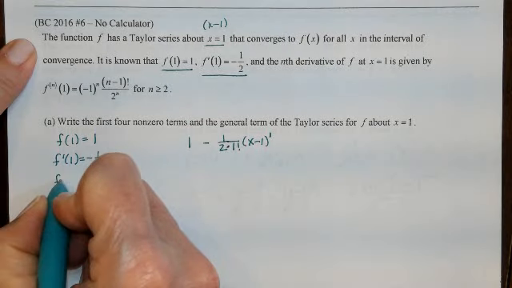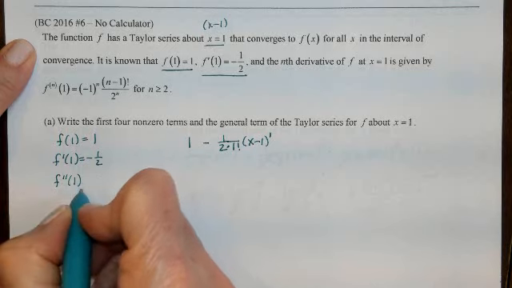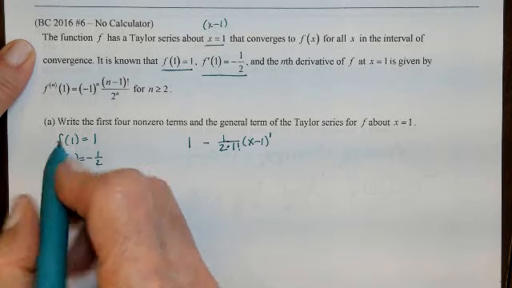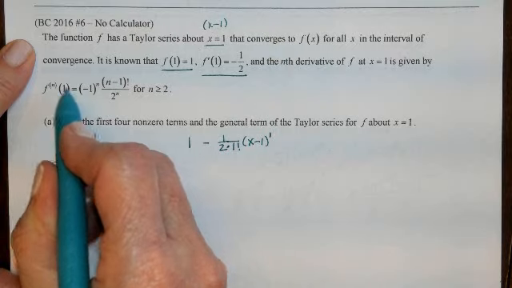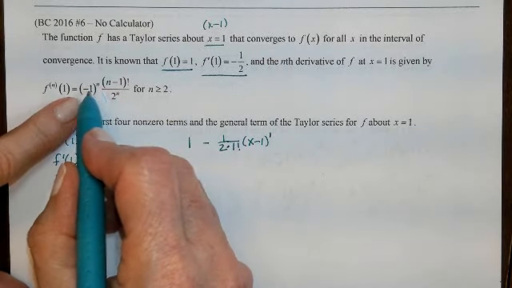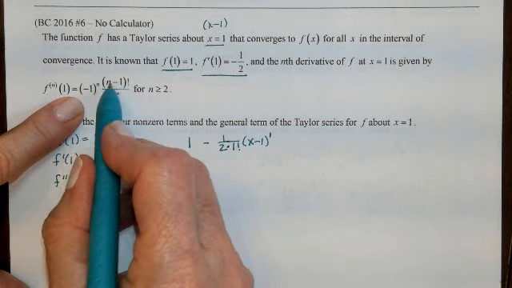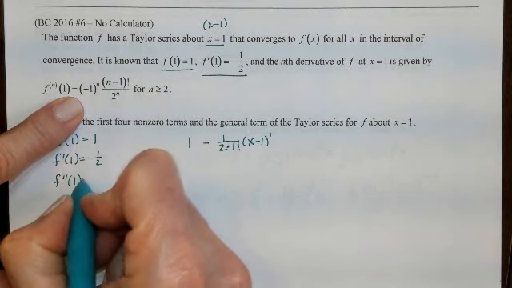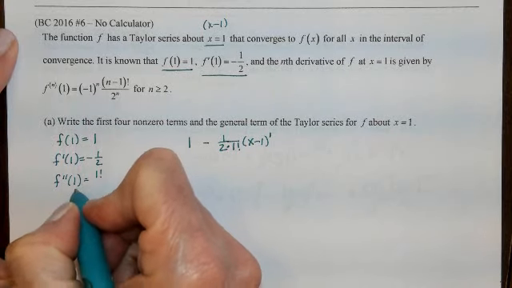Now we need the next non-zero term, so I need the second derivative at 1. For the second derivative, I need to go and use this formula. The second derivative, n is 1, so I'm replacing all of the n's with a 1. Negative 1 to the second is 1. 2 minus 1 is 1 factorial. And I'm going to write it as 1 factorial because I don't want to lose the pattern.